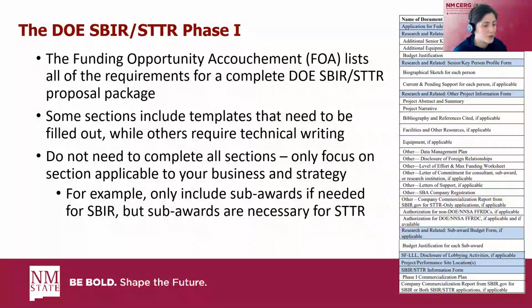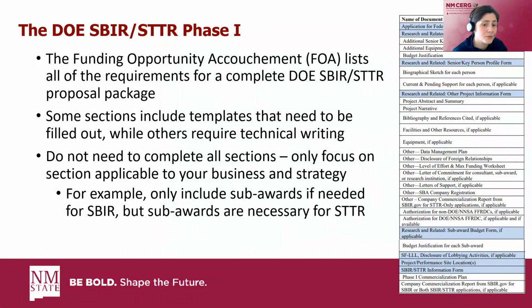Others will require you to fully just write everything out in paragraph form, but they will distinguish that within grants.gov. Within the FOA, you should see a document that is similar to the one on the right side here. It lists all of the different requirements for the different opportunities, either phase 1 or fast track, and we will briefly touch on the different requirements here.